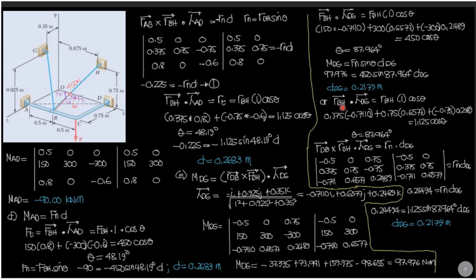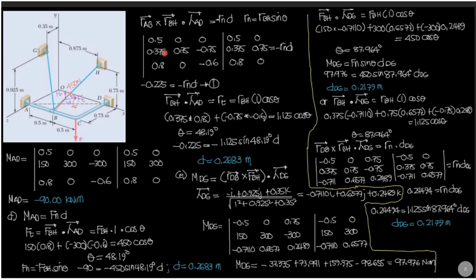So r_BH dot lambda of DG is, by expansion, r_BH times the magnitude of unit vector DG, 1, times cosine of the angle between them. r_BH is this one, lambda DG is this.